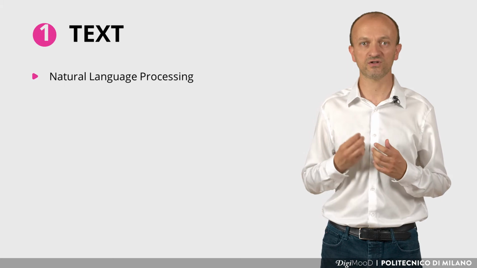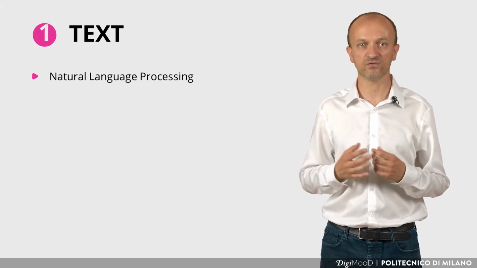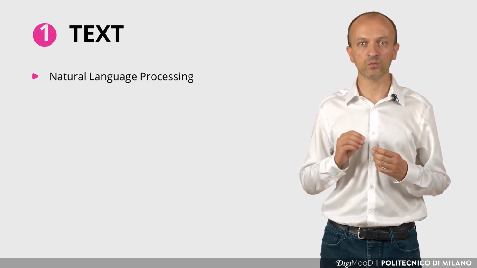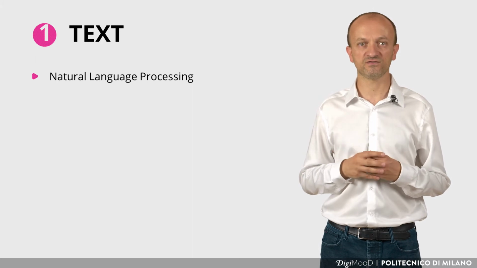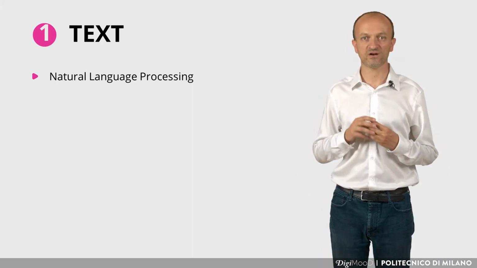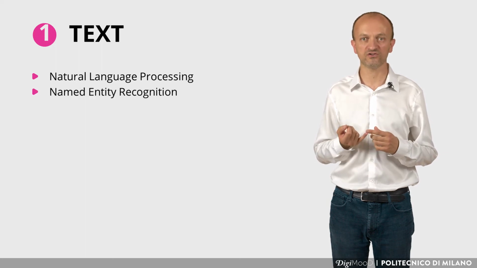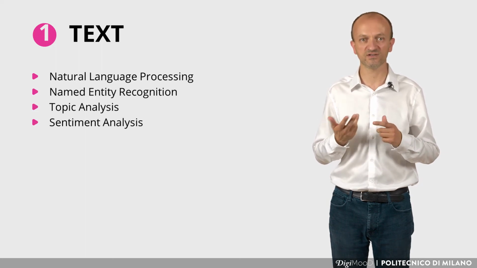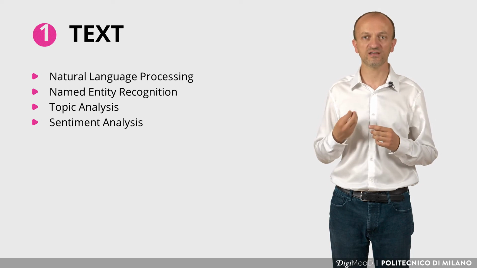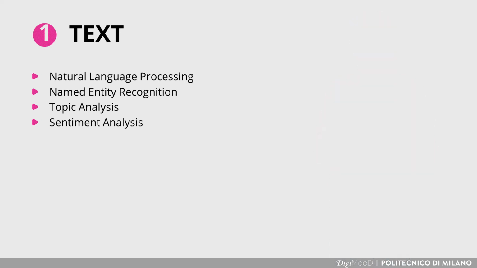Regarding textual content, there are various analysis techniques that go under the name of natural language processing, NLP for short, and that deal with the level of syntactic analysis of the text. They are followed by higher-level techniques like named entity recognition, topic analysis, sentiment analysis that extract latent features from text.